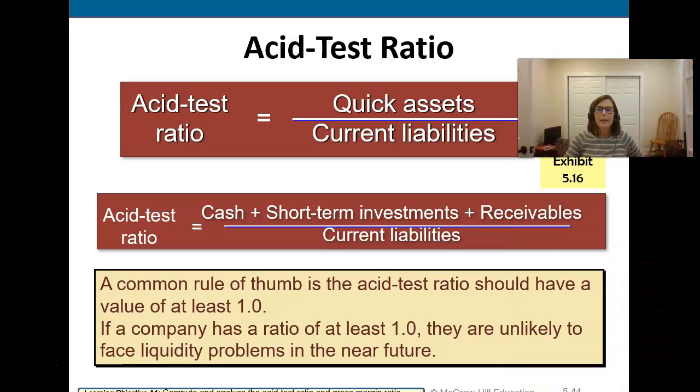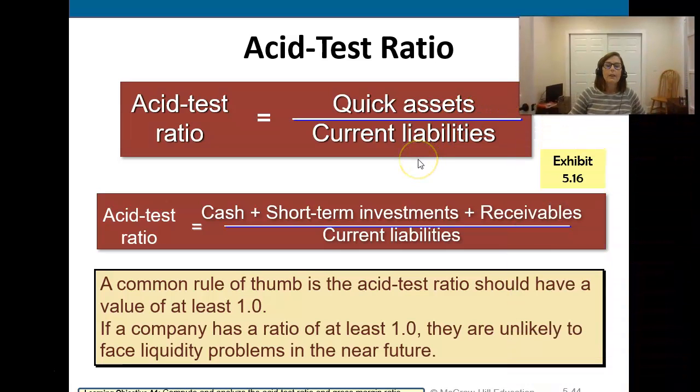So the acid test ratio is very similar to the current ratio that we learned about last month. But instead of looking at all current assets over current liabilities, we just look at what are called quick assets. And how do quick assets differ from current assets? Well, these two are the same equation.